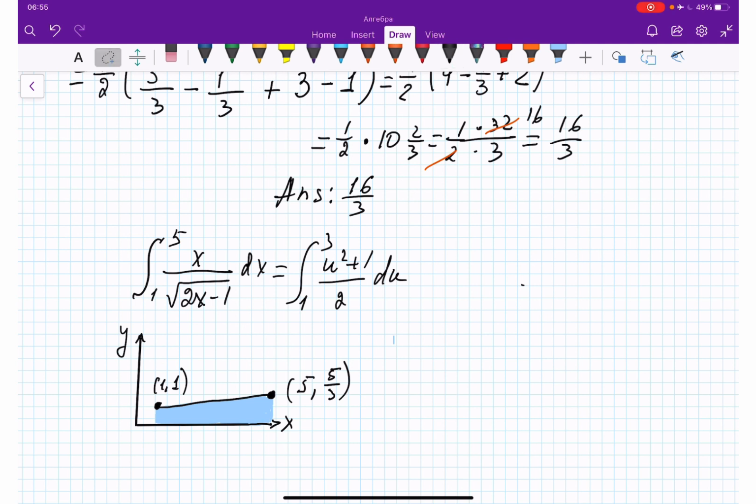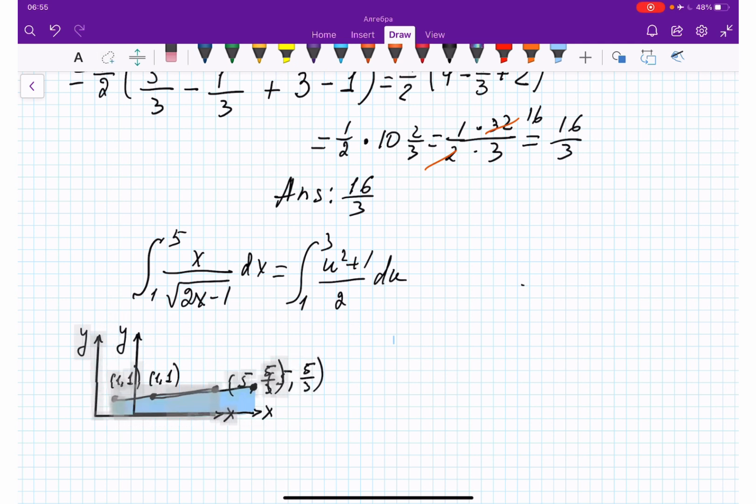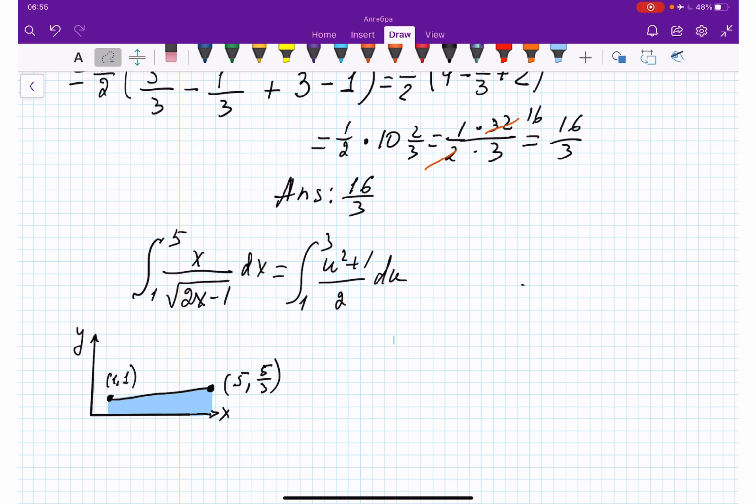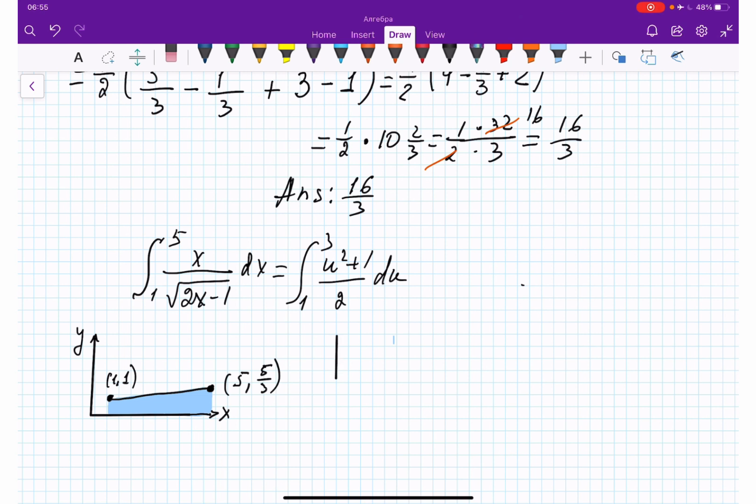And the other one, with u, is going to be the following. And that is going to be u and f of u. So one point is 1 and 1.